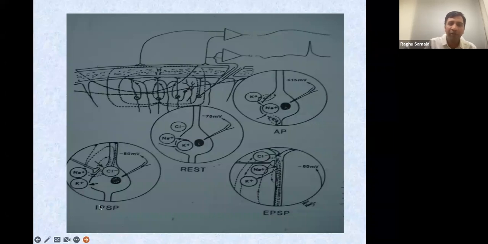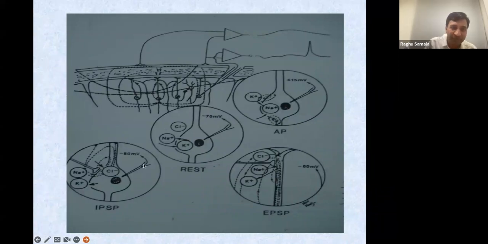Here, in the middle, you are seeing one neuron with an intracellular potential of minus 70 millivolts. With an inhibitory postsynaptic potential, it becomes minus 80 millivolts.